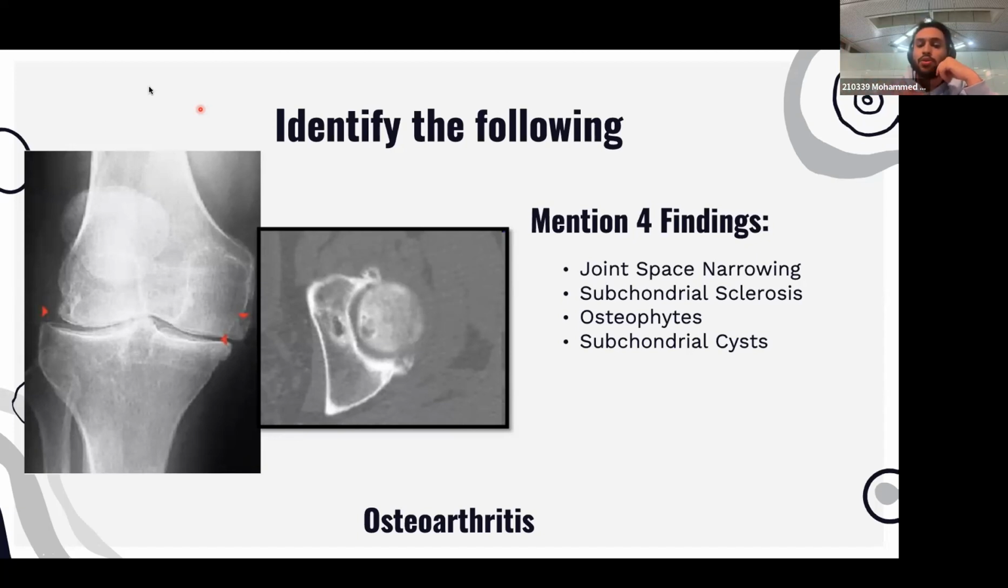Most types of arthritis are polyarticular. There are some that are oligoarticular, but you just need to know the definition of mono, oligo, and poly. If I ask you, monoarticular is how many joints affected? One. Oligo?